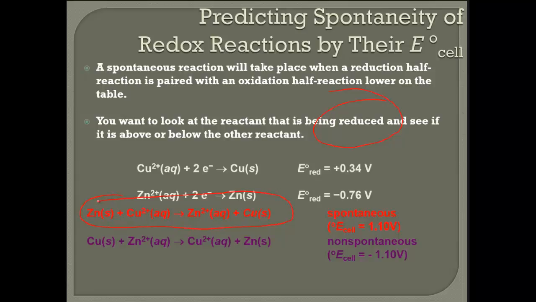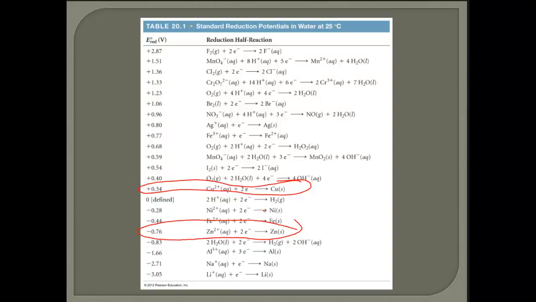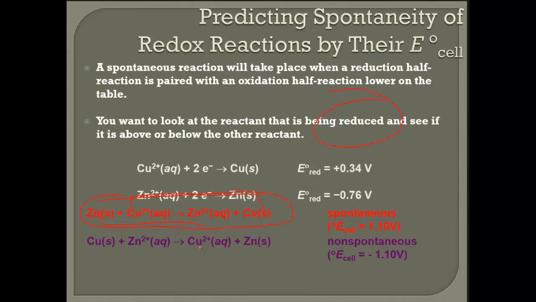Zinc here is losing electrons, so that's being oxidized. Copper is gaining it here. So, since copper is gaining electrons and it's above the zinc, that means it will be spontaneous. If we reverse this, it becomes non-spontaneous.